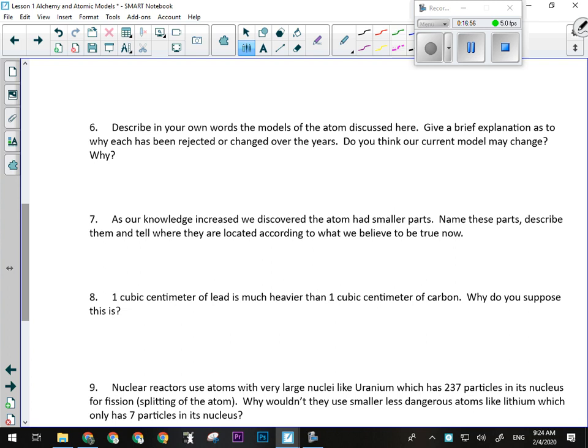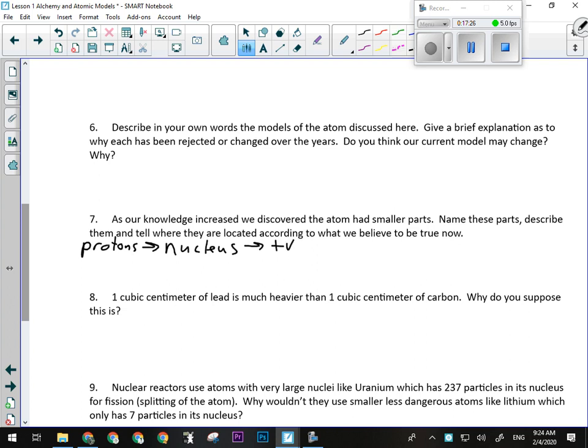All right, as our knowledge increased, we discovered the atom had smaller parts. So name these parts, describe them, and tell where they are located. The parts are protons, and they are in the center, called the nucleus. What's the charge on a proton?